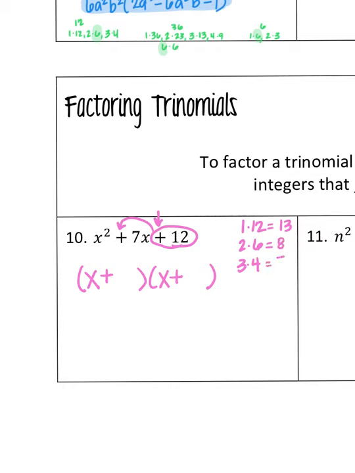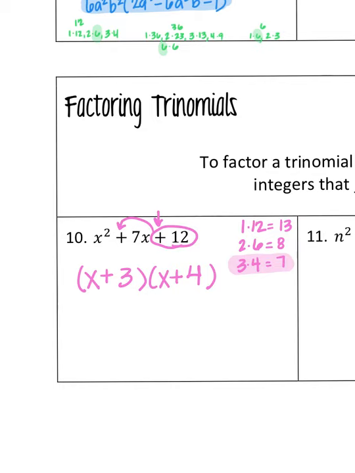And 3 plus 4 is 7. So I now know what two numbers multiply to give me 12 and add up to 7 is right here. So I can just go ahead and put in my 3 and my 4. And it doesn't matter which spot you put them in.